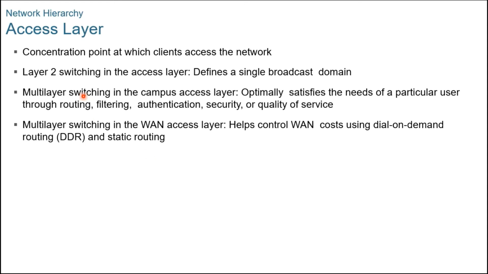In the campus environment, the access layer typically incorporates switched LAN devices with ports that provide connectivity for workstations and servers. In the WAN environment, the access layer for teleworkers or remote sites provides access to the corporate network across some wide area technologies such as the old Frame Relay, Multiprotocol Label Switching or MPLS.